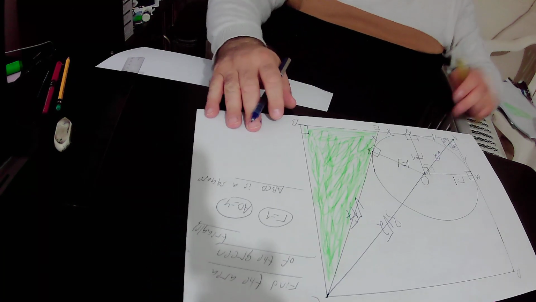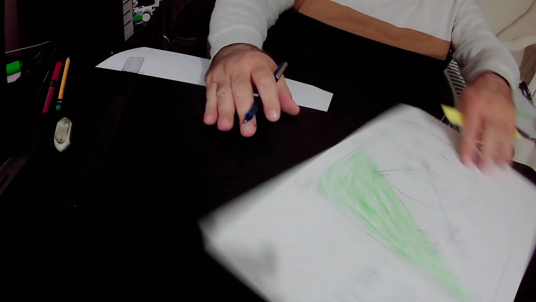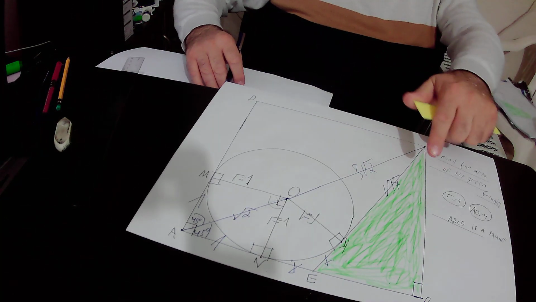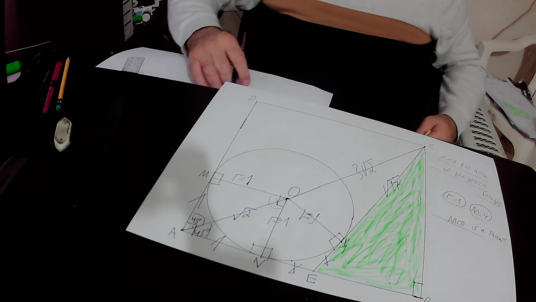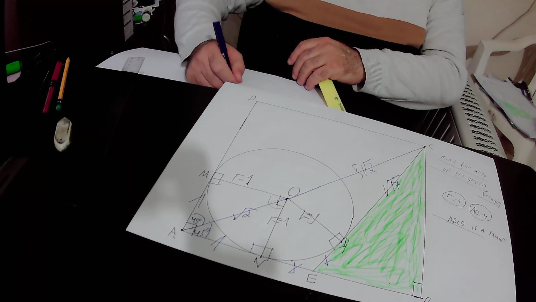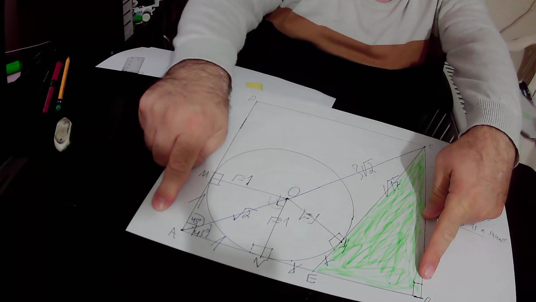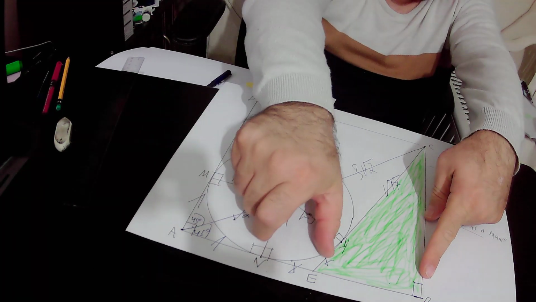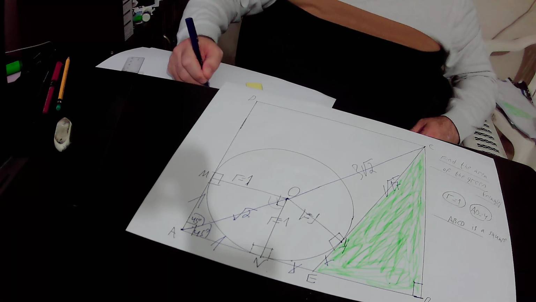So we will focus, but before that we will find out the length of side EB of the green triangle. The length of side EB equals AB minus AN minus EN. It equals AB minus AN minus NE.